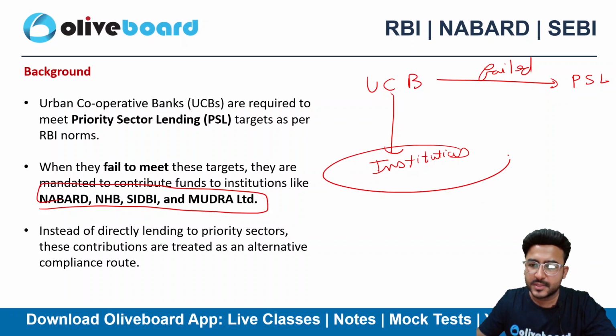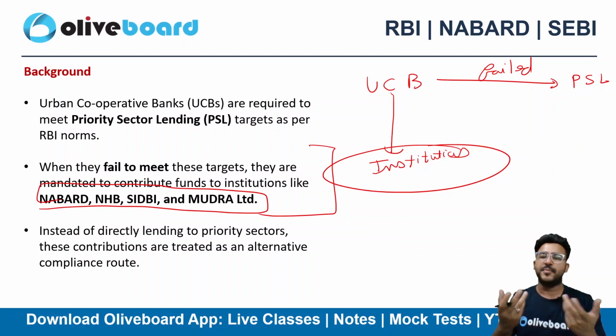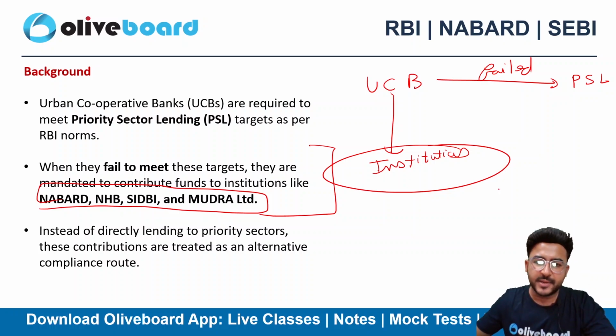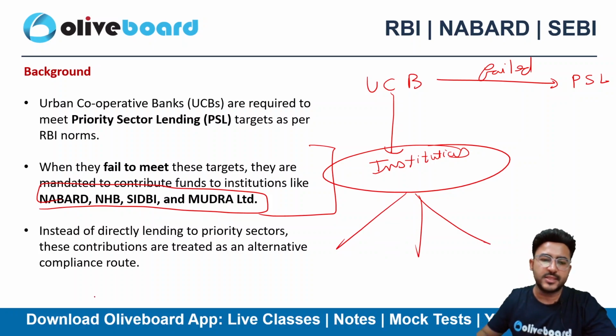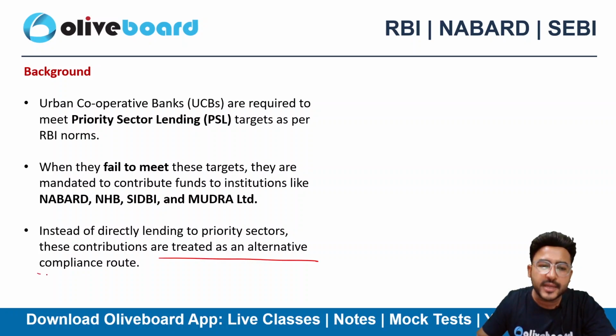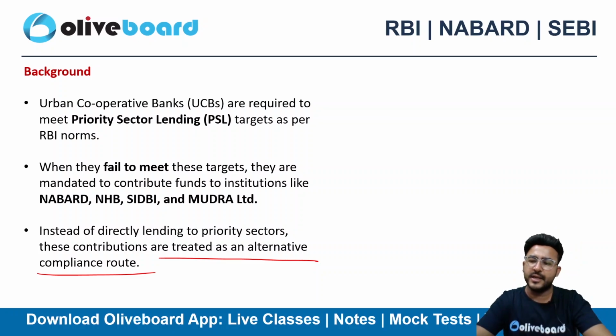This contribution will be considered as if you have completed your priority sector lending target, because ultimately these institutions will be investing in these PSL sub areas. So instead of direct lending, these contributions are treated as an alternative compliance route.